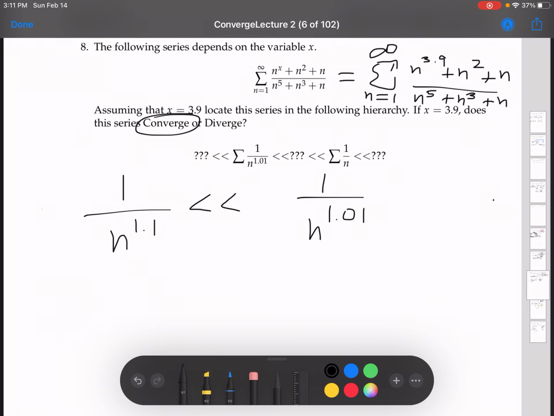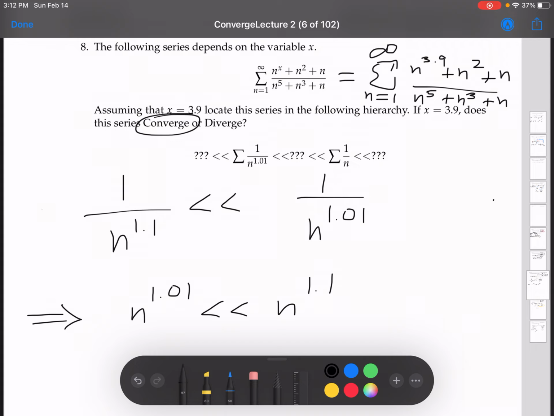Now maybe this is a little confusing, so what you want to do is use this rule, right? This is saying the same thing as n to the 1.01 goes to infinity slower than n to the 1.1.